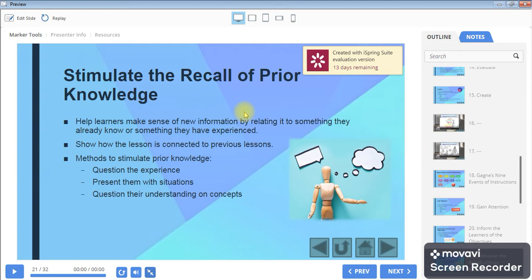Methods to stimulate prior knowledge is through questions, and then you present them with situations where they can recall their prior knowledge and question their understanding on concepts. Like, do you understand this concept? So that might make them recall what they've studied before.